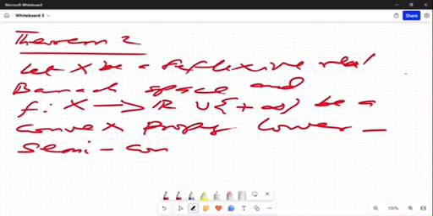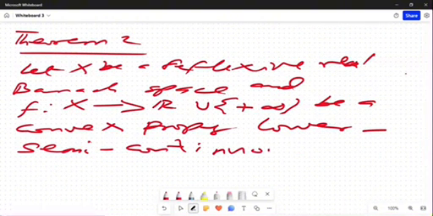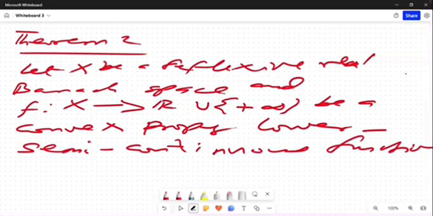So you can see it is another way of trying to weaken continuity.